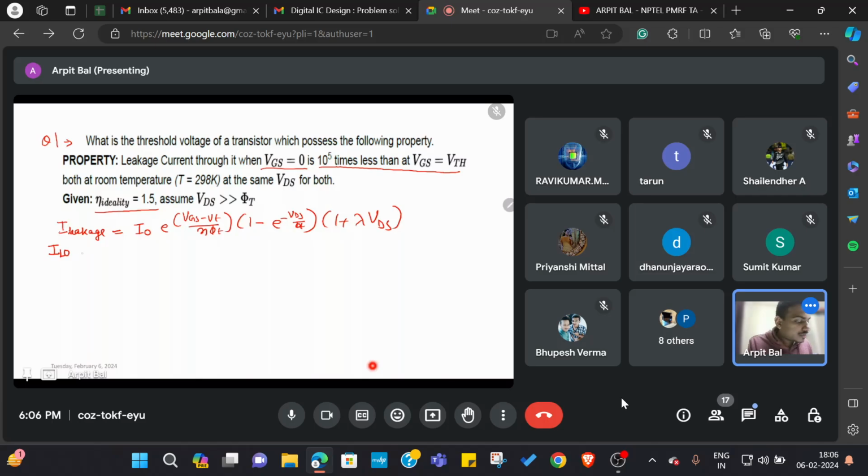So IL0 equals I naught e to the power, in this case VGS is 0, so e to the power minus Vt by eta phi t, into 1 minus e power minus VDS by phi t, into 1 plus lambda VDS. This is my equation 1.